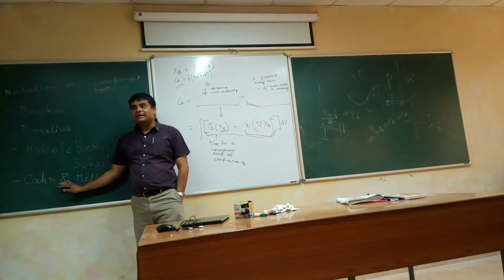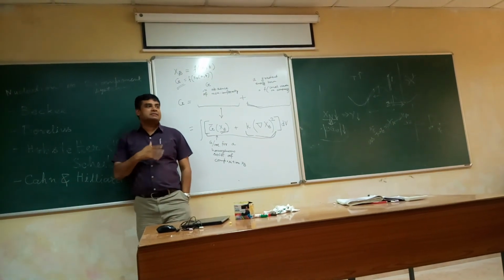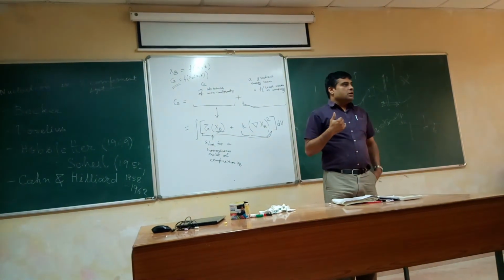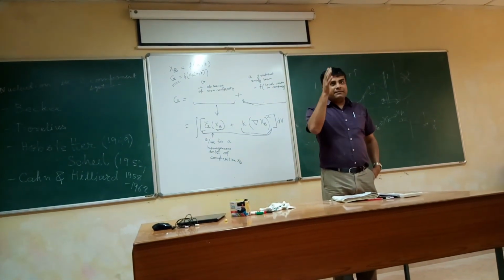Here, in Kahn and Hilliard, interface width is a variable. At high supersaturation, interface is short.